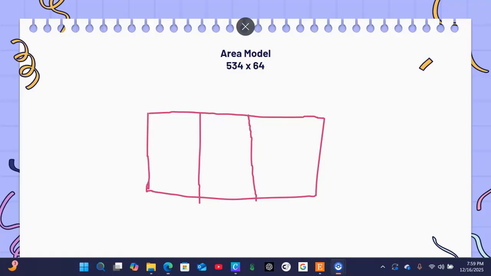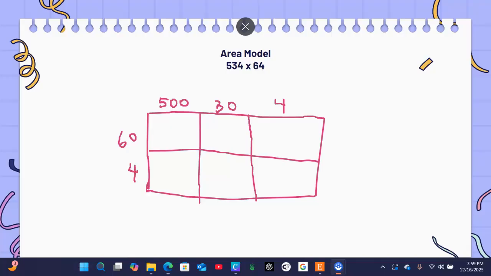The factor is 534. We break that up into 500, we break it into 30, and we break it into 4. And now this time, instead of a single digit, we have a double digit. So we're going to break 64 into 60 and 4.